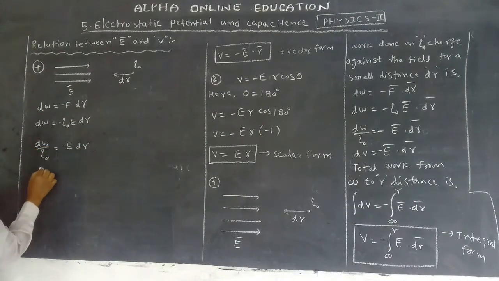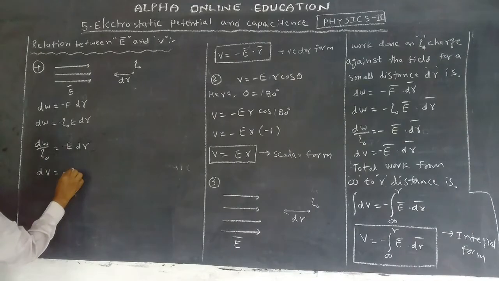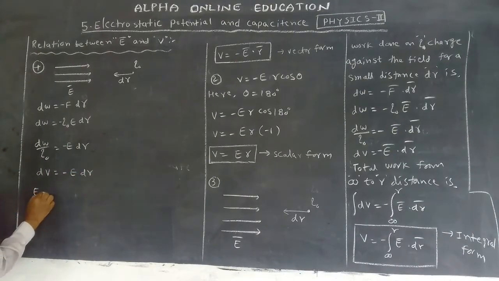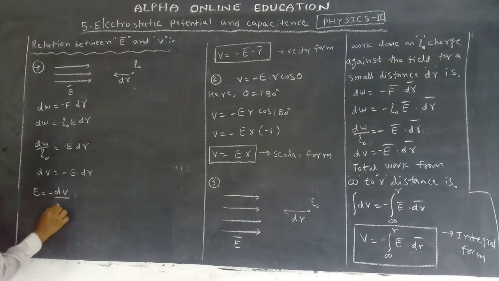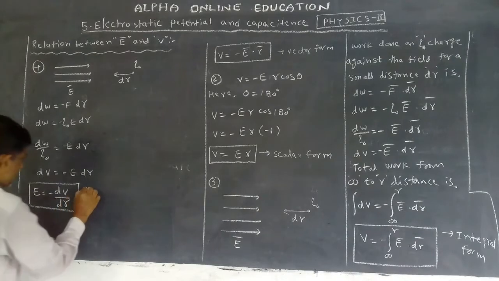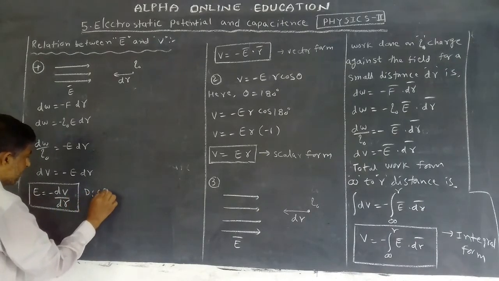dW by Q0 is how much? dV, minus E into dr. So E is equal to minus dV by dr. Which relation is this? This is the differential form.